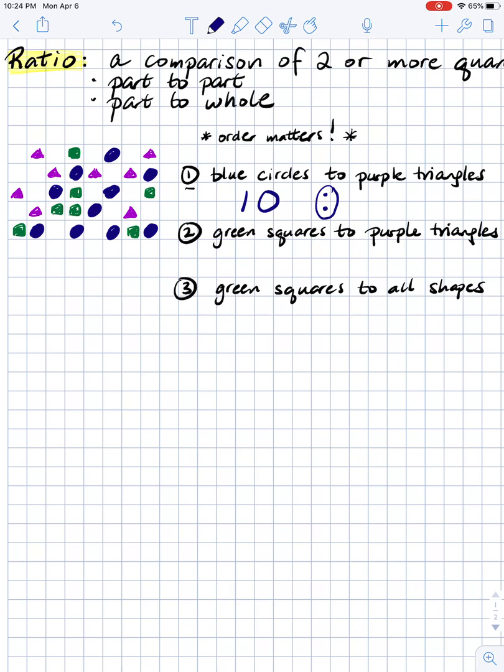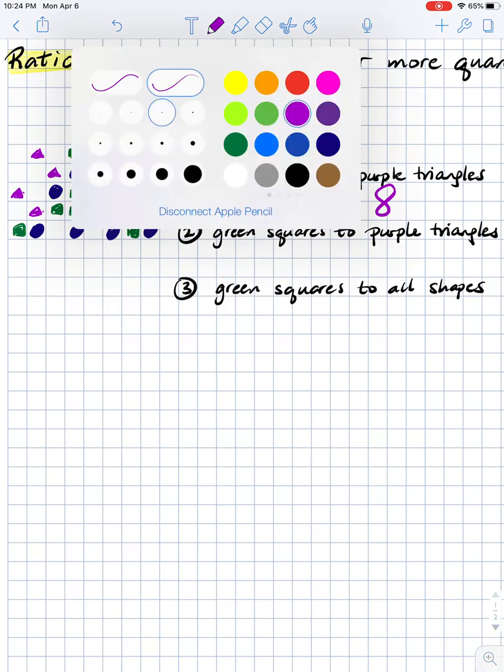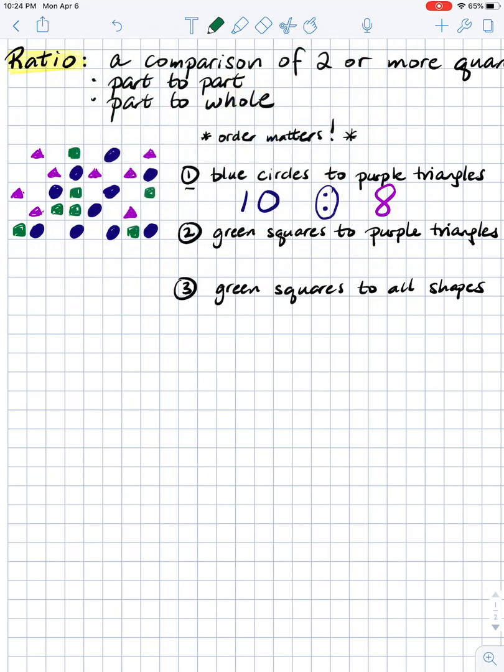So we know that there are 10 blue circles, and I'm being consistent with the order. To purple triangles, we've got 1, 2, 3, 4, 5, 6, 7, 8. Okay, so the ratio of blue circles to purple triangles in this diagram is 10 to 8. We look at the next one. We've got green squares to purple triangles.